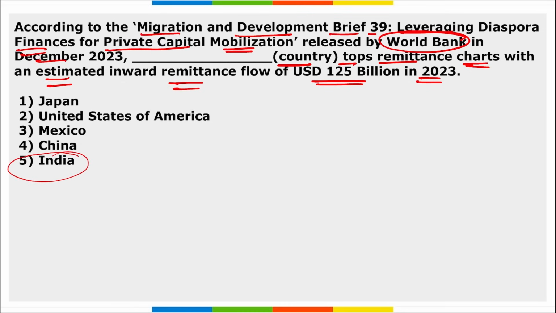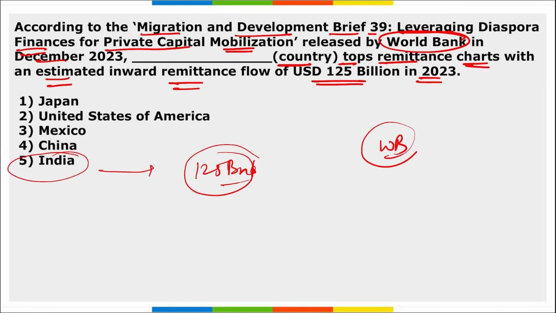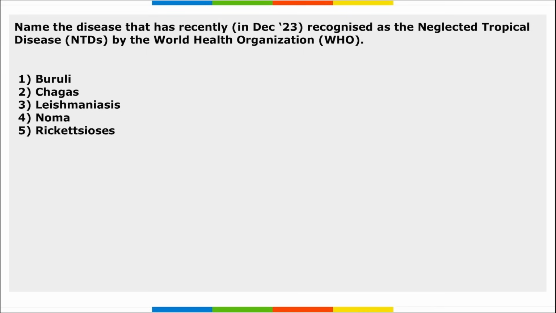It is our India that has topped the inward remittance flow, and this was $125 billion, and it is also one of the highest remittances that we have received so far in our history. Correct? So take a note of this. This report was released by World Bank and it was about inward remittance flow, and it was $125 billion for 2023 for India.